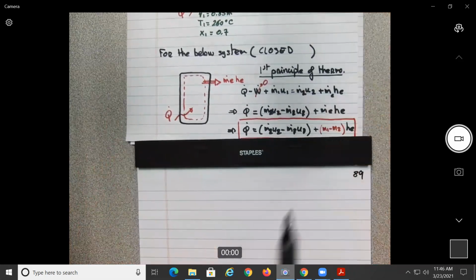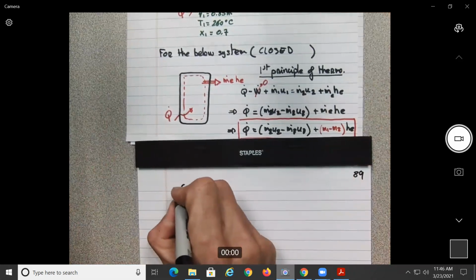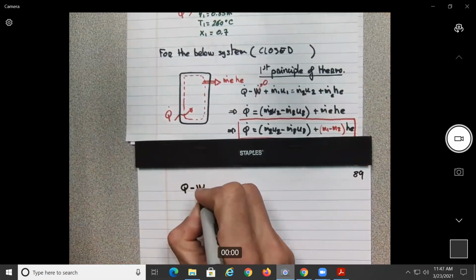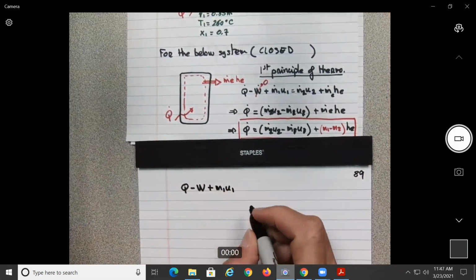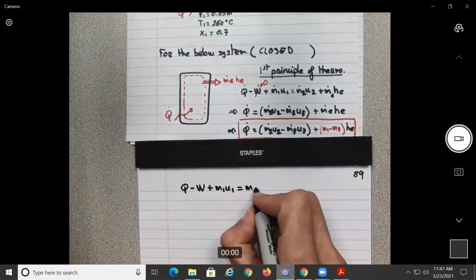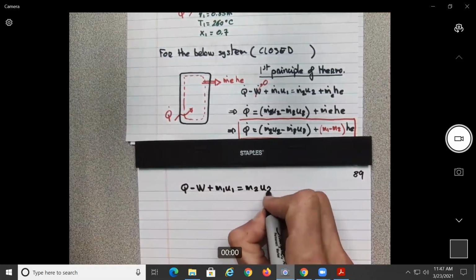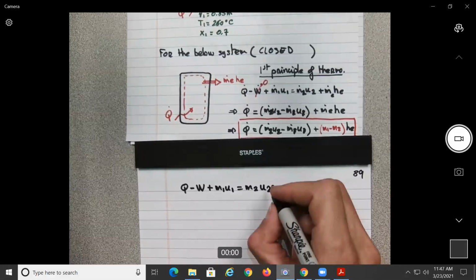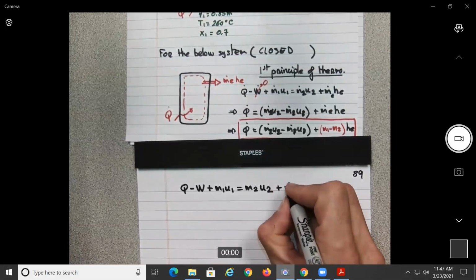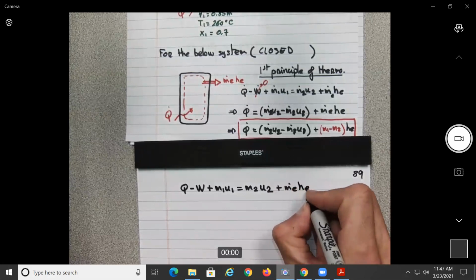So this is for the closed system. That equation, if we do it normally, should be Q minus work plus M1 U1 equal to M2 U2, and now we have plus M dot E. That's where I got lost.